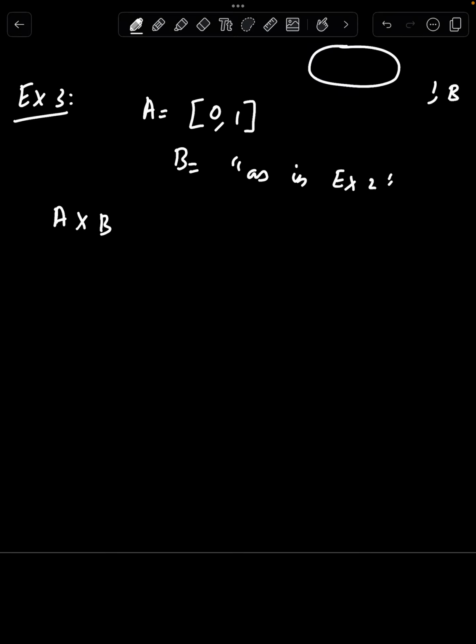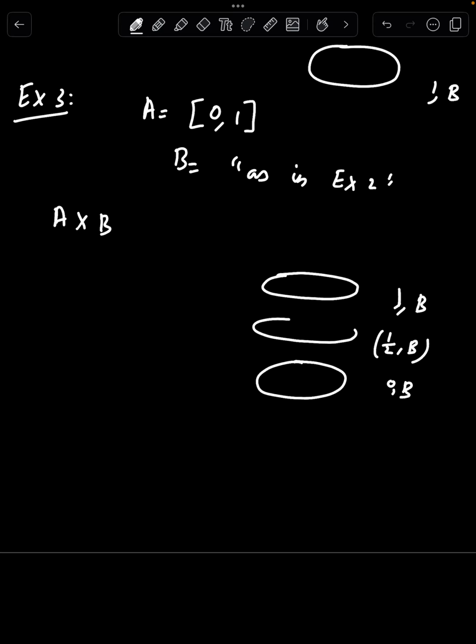So this is (0, B), and here we have (1, B), and here we'll have say (1/2, B). That way we're going to have circles here everywhere.